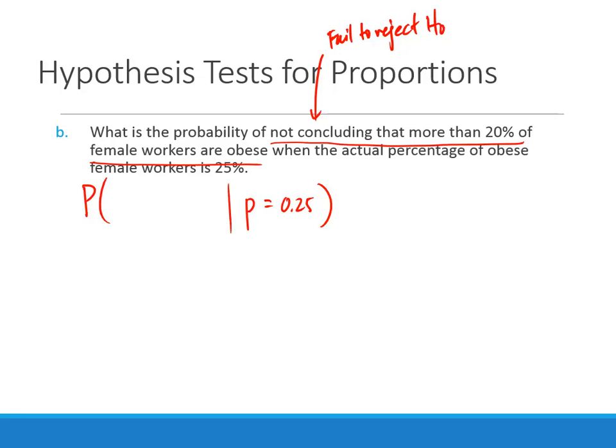Okay. So we want to find a probability of a type 2 error here, right? We're failing to reject the null hypothesis when, in fact, the null hypothesis is false. So we want the probability that we fail to reject given that p equals 0.25.